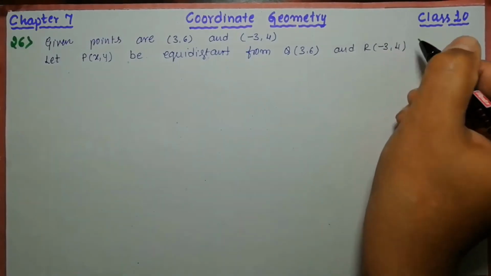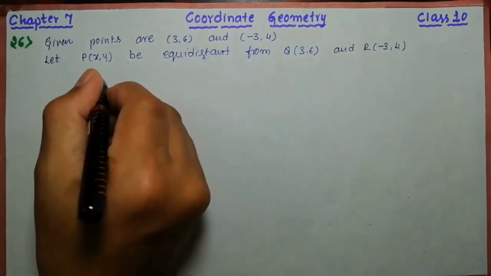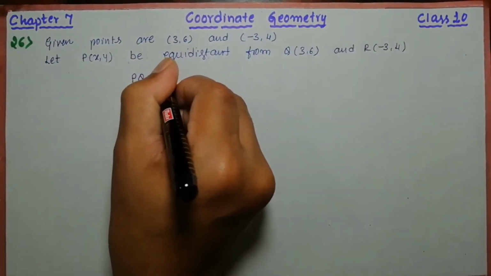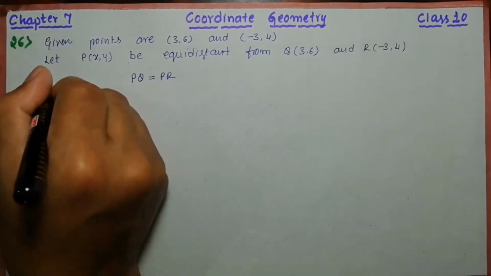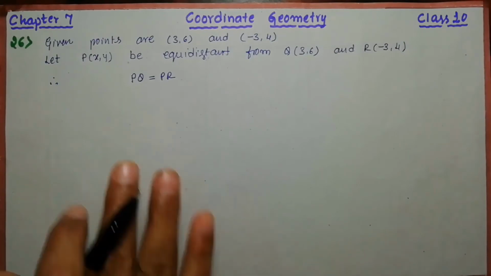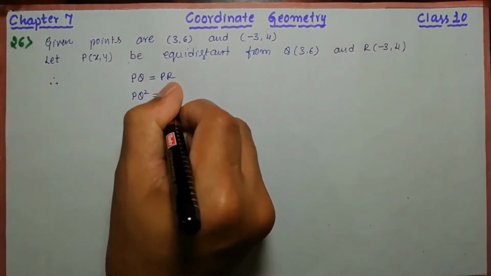Now P is equidistant from Q and R, which means we can write PQ is equal to PR, because P is equidistant from Q and R. Now I'm going to square this, same procedure: PQ square is equal to PR square.